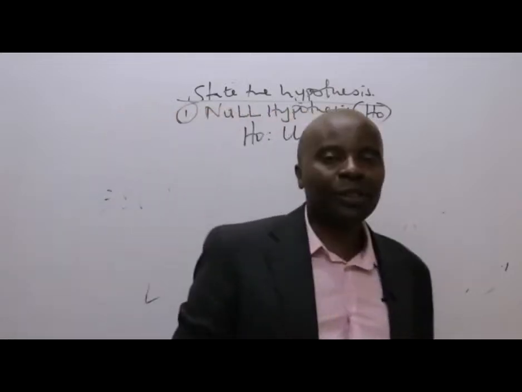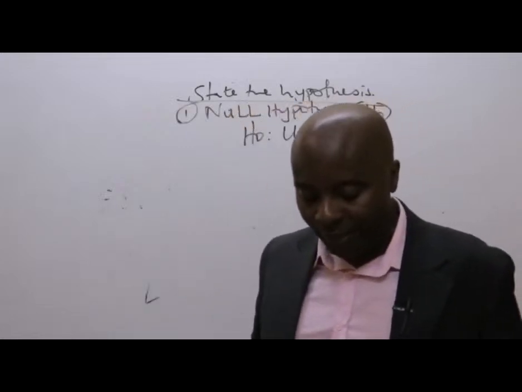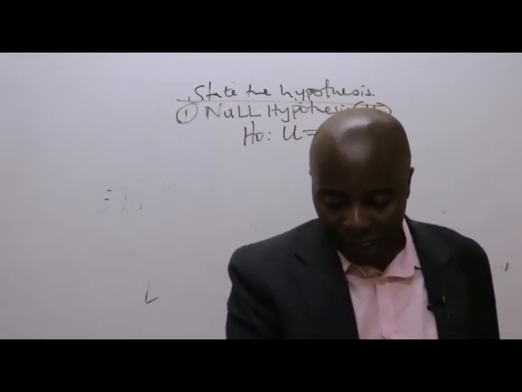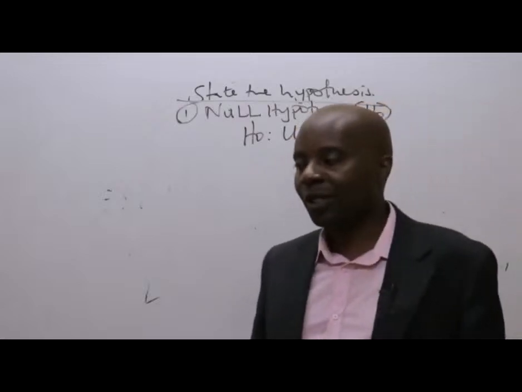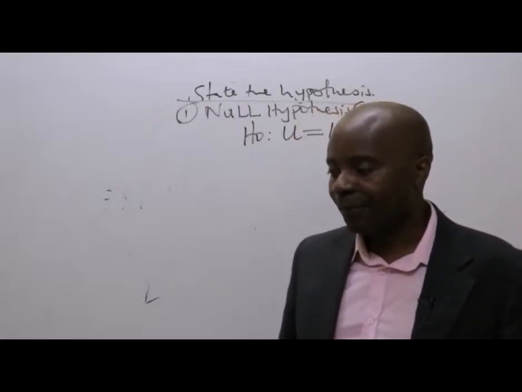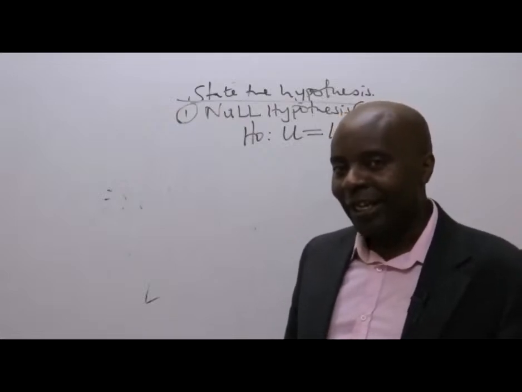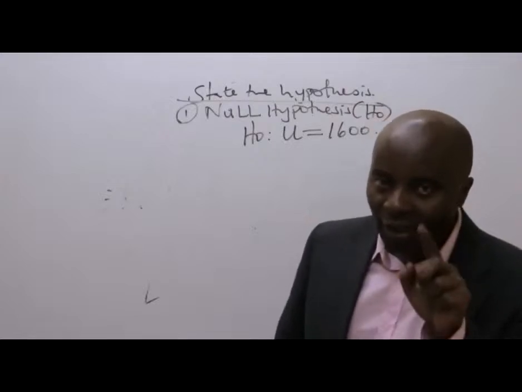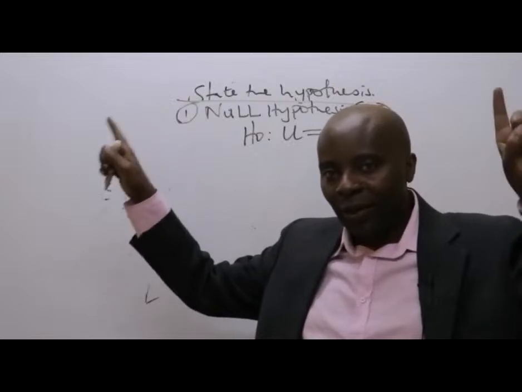The null hypothesis is this because they want us to test the claim that the mean lifetime of the tubes produced by the company is 1600. Remember, they want us to test the claim that when we put up that bulb, it's going to stay there for 1600 hours.